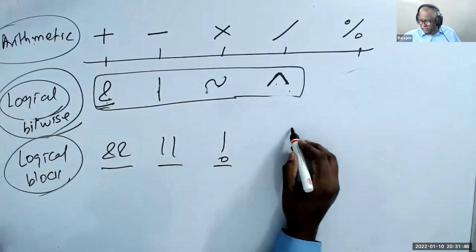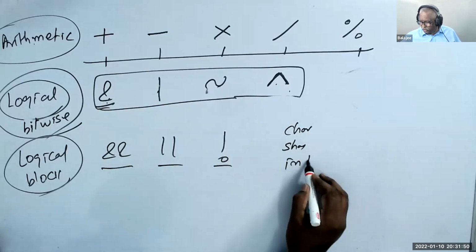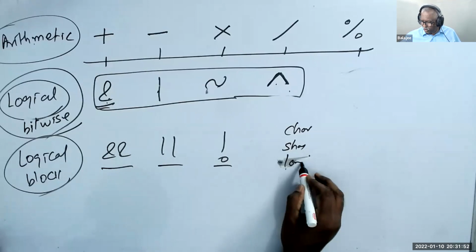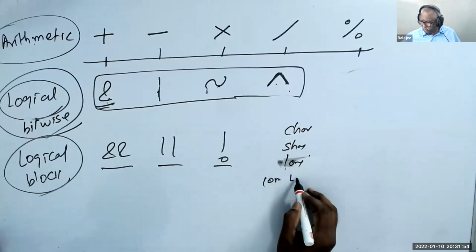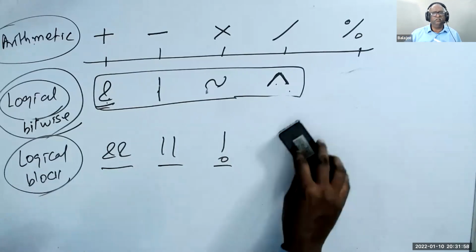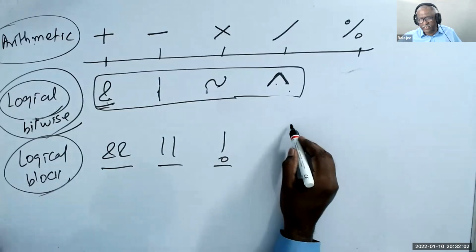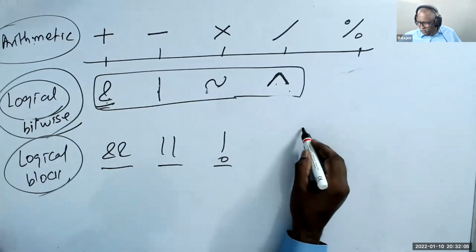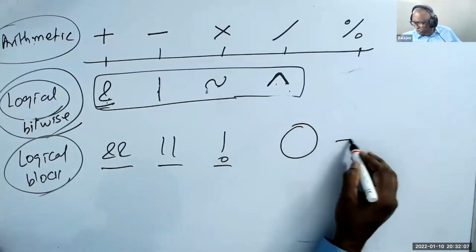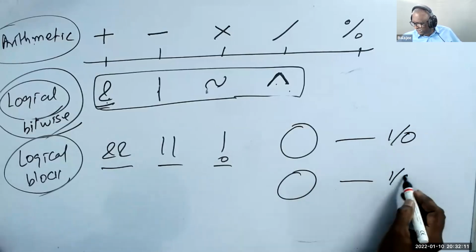Your block could be char or short or int or long. I see only a block as a whole. I don't see the bits. That means I see a block and give a 1 or 0. Then for another block, I give 1 or 0. Then I will do that.